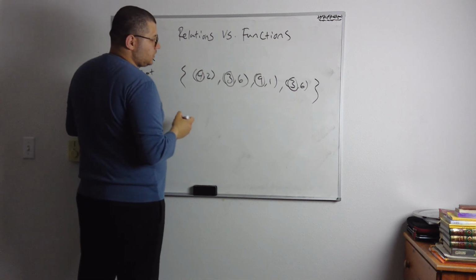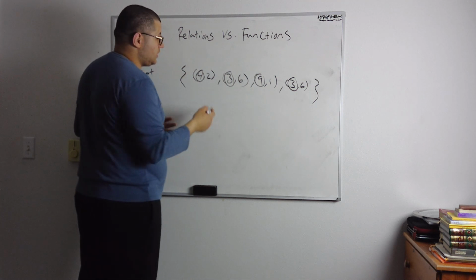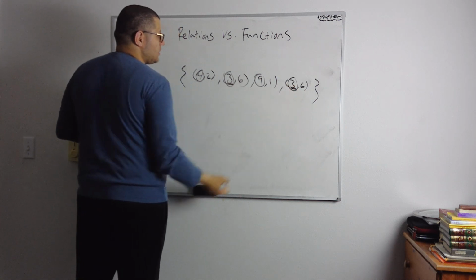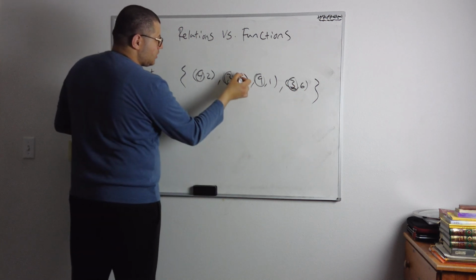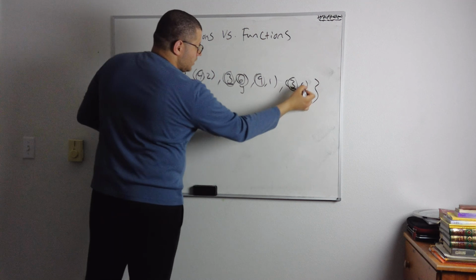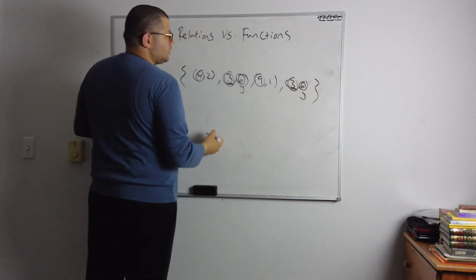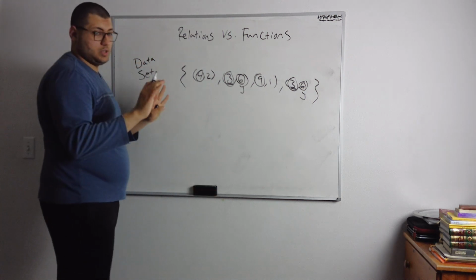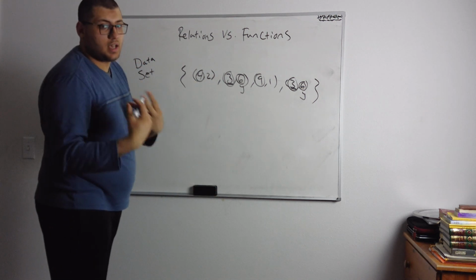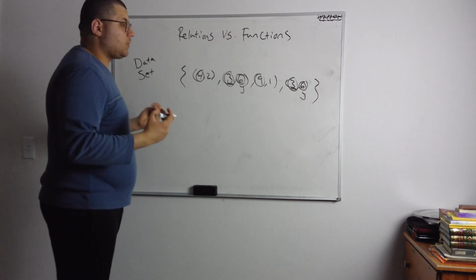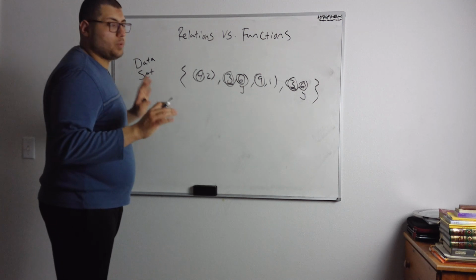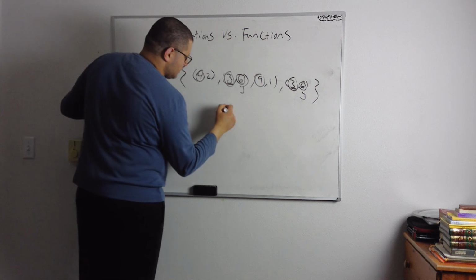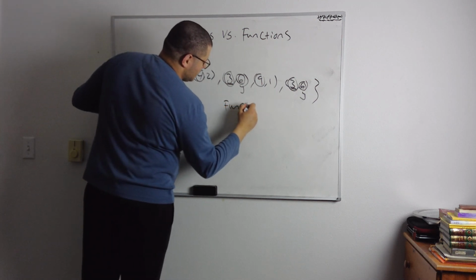Any redundant data or any repeated x value? Oh, there is a repeated x value. Now let's mark the y's. The y here is the same as the y here. Good, so each x still has its own y. We don't have different output values. So is this a function? Yes, it's still a function.